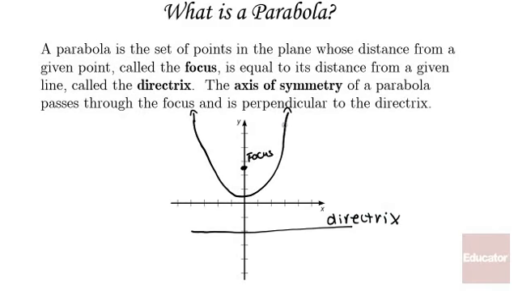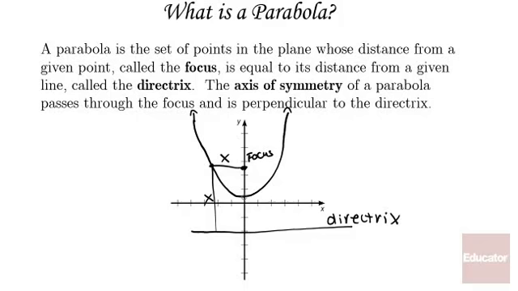By definition, every point on this parabola is equidistant from the focus and the directrix. So if I took a point right here, and I measured the distance from the focus, it would be equal to the distance from the directrix. This is just a very rough sketch, but these distances would be equal.